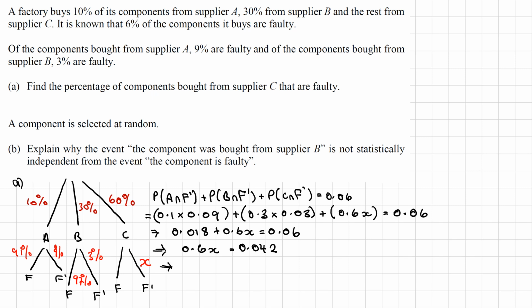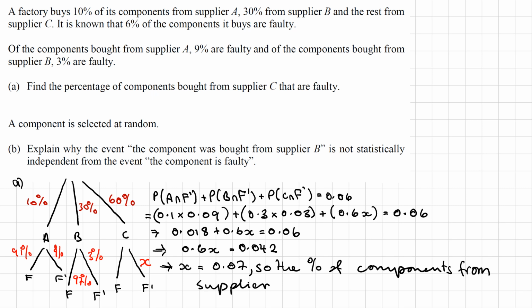So from here we can work out X. That'd be 0.042 divided by 0.6, and that gives us 0.07. So the percentage of components from supplier C that are faulty is 7%.